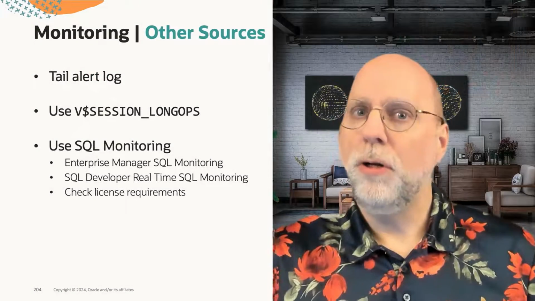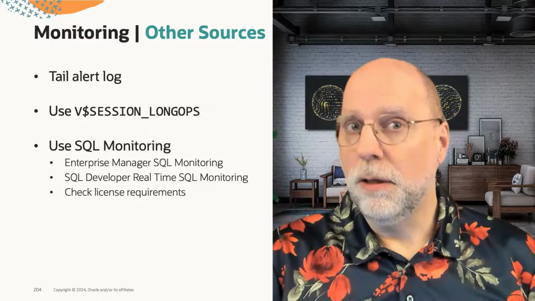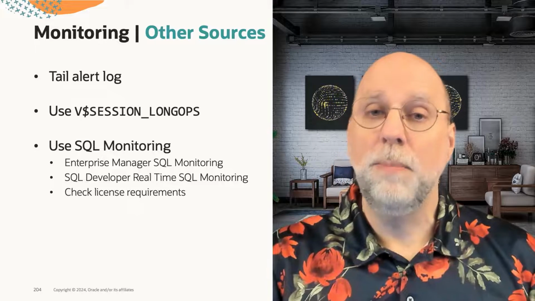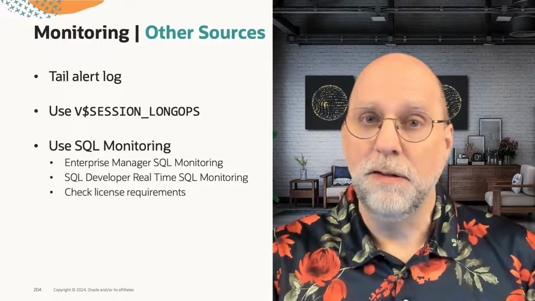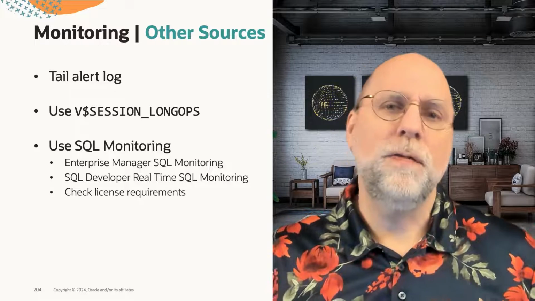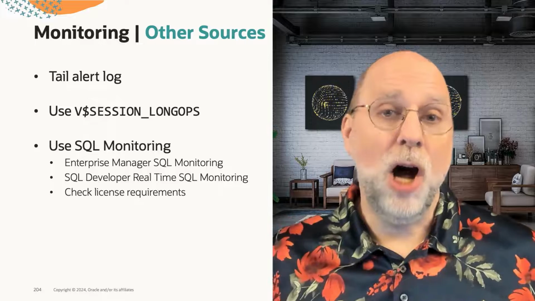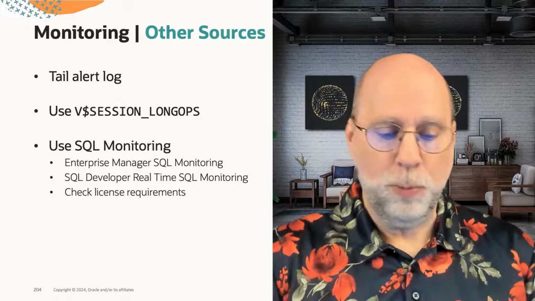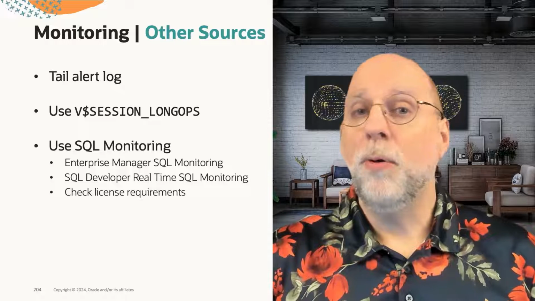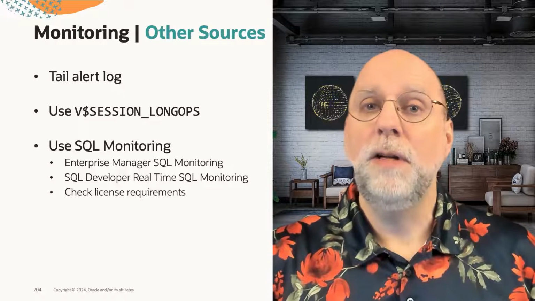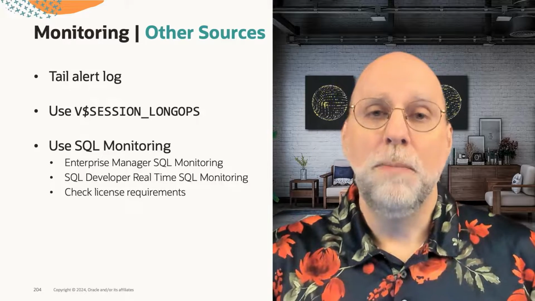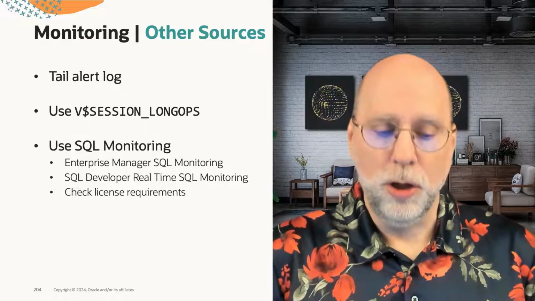In addition, you could do other things like take a look at the alert log. A tail -f on the alert log will give you that constant update as to what's going on in the system. So that's a good way to tell if your system looks like it might be hung, or maybe it's actually just doing a lot of work that isn't producing output. Data Pump operations are also monitored by the V$SESSION_LONGOPS view. So if you're good at using that view to monitor your long-running operations, you can look there.